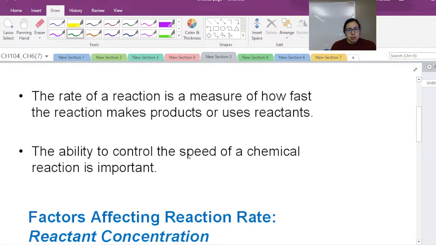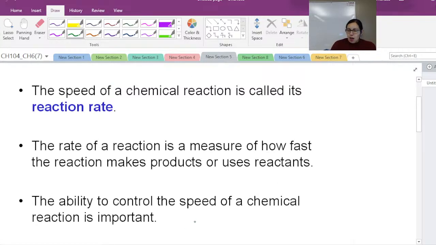The ability to control the speed of a chemical reaction is also important. You may not want the reaction to happen too fast, especially if it's extremely exothermic or involves gas evolution. You might want to control that so that it doesn't go too crazy.